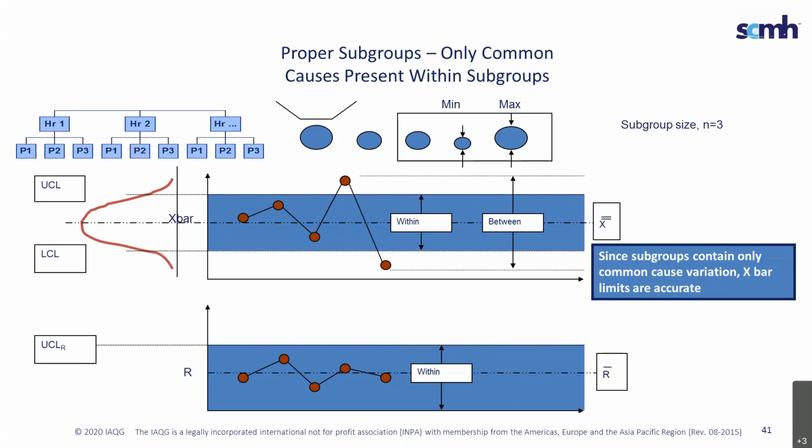Basically, you can see that what we're looking at as the within variation is using the samples 1, 2, and 3 and the standard deviation. That's what's plotted as the control limits. And the between variation is the differences you're getting hour by hour.